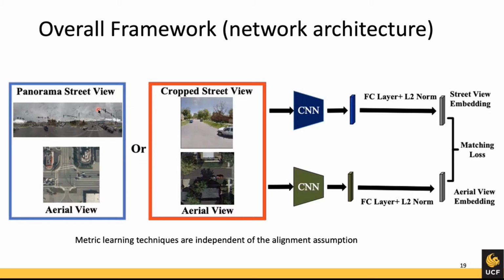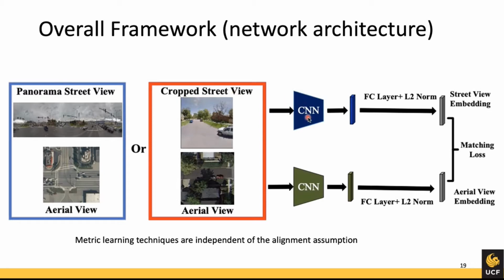For some datasets, the street view query can be a panorama image, but for some datasets it can be a cropped, limited field of view, just a partial view of the street view. Either way, we send these two images to two separate CNN models.